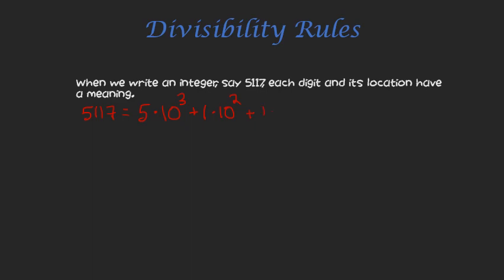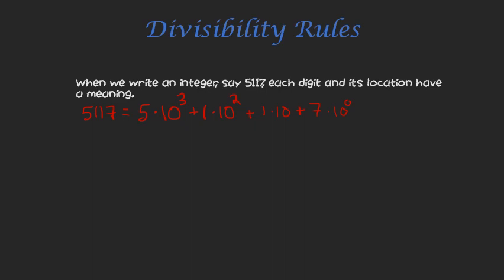So that is 1 ten and 7. And this we could write to follow the pattern 10 to the 0. This is the ones place, the tens place, the hundreds place, the thousands place. I'm just writing those out as powers of 10.